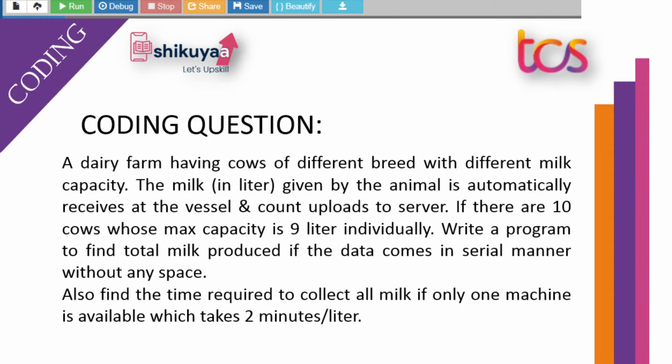If there are 10 cows whose maximum capacity is 9 liters individually, write a program to find out the total milk produced if the data comes in serial manner without any spaces, and also find out the time required to collect all milk if only one machine is available, which takes 2 minutes per liter.